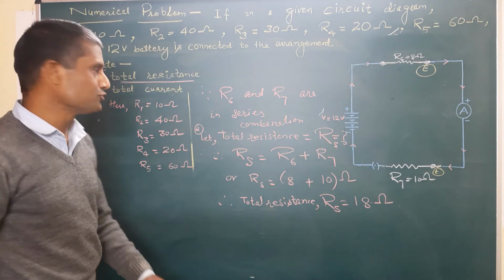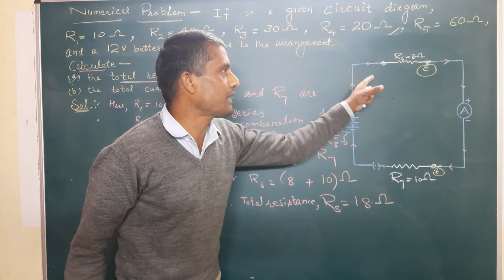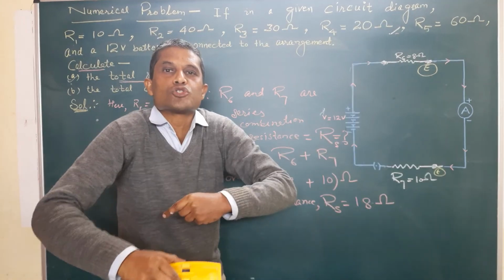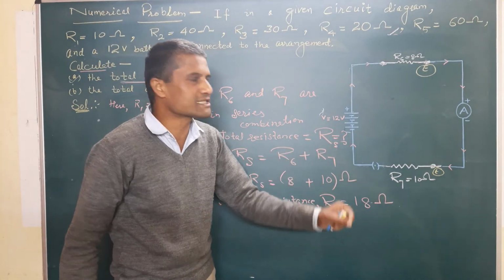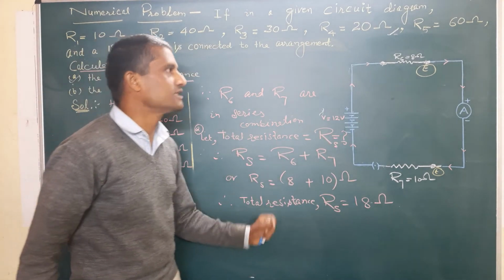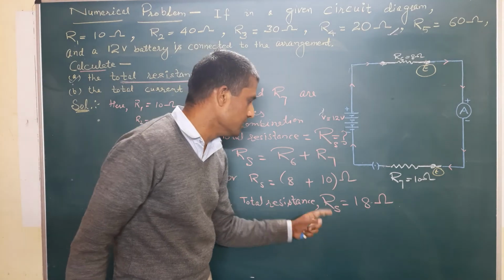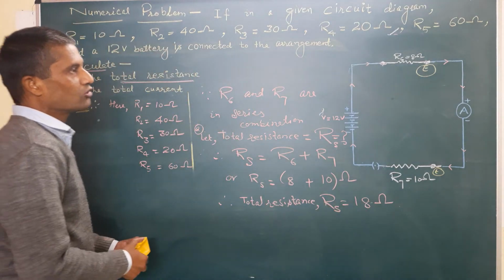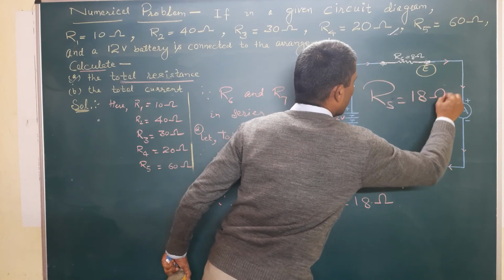That's how you can crack such numerical problems composed of complex combinations of resistances. Just do the simplification process, and slowly and steadily you will inch towards the answer. So the resultant resistance we have got is RS is equal to 18 ohm.